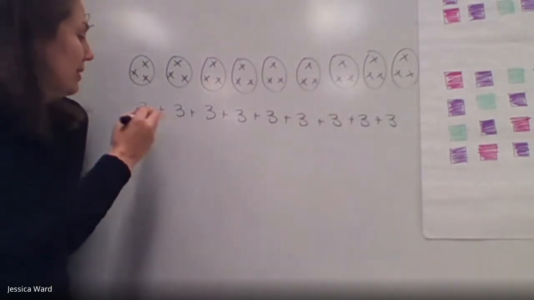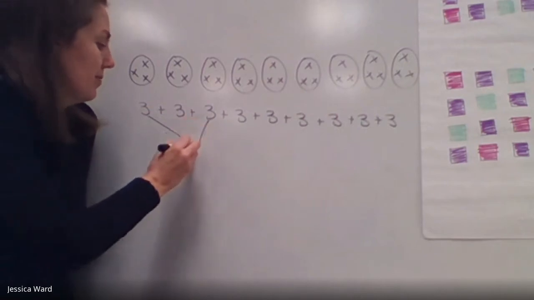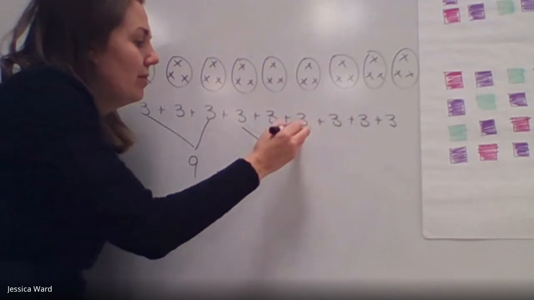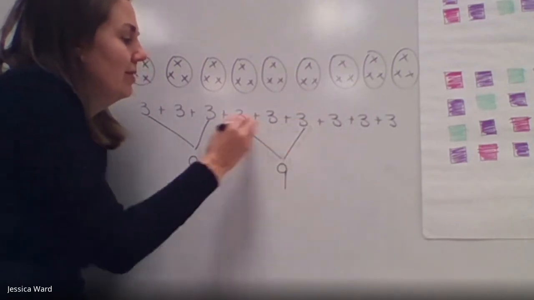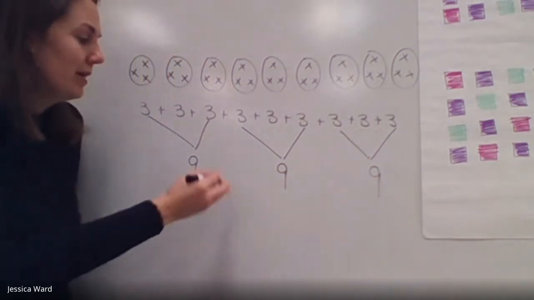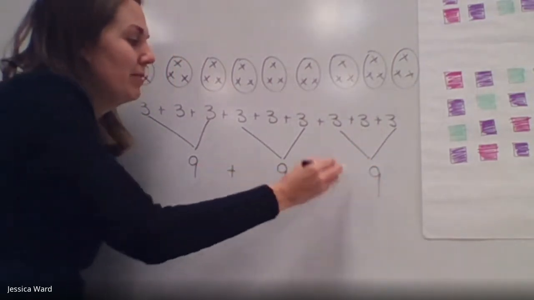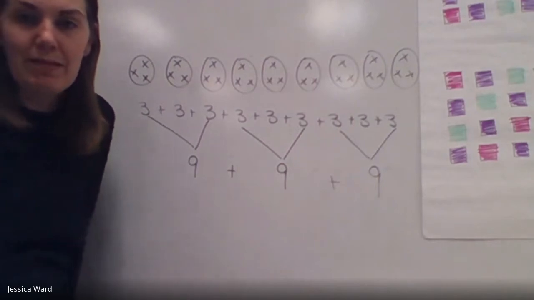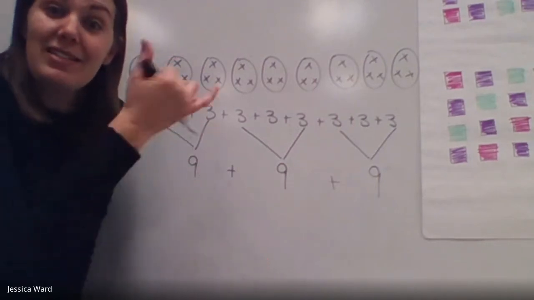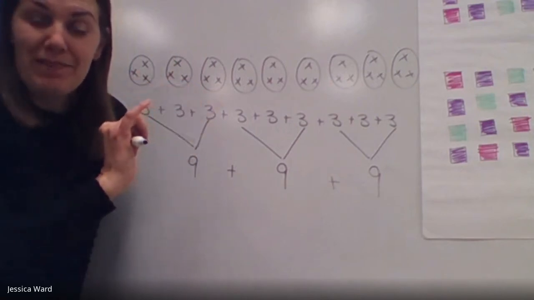So I know that 3 3s make 9. So I'm going to go ahead and find all the ways that I have 3 3s. So now really I'm simplifying my problem. Say I have 9 plus 9 plus 9. Oh, I have 9 3 times because order doesn't matter when we multiply.